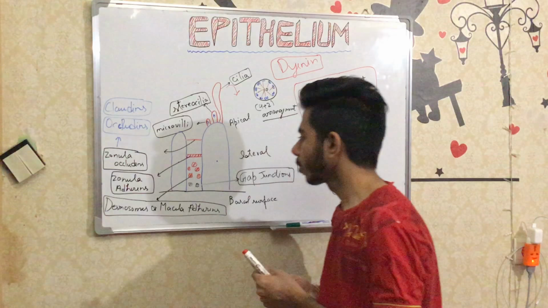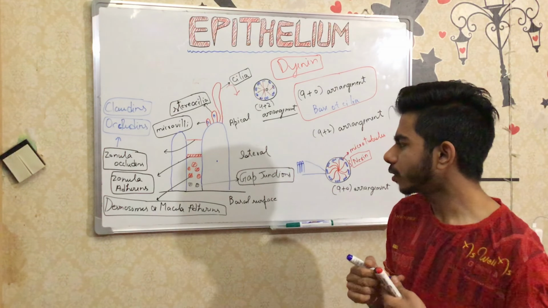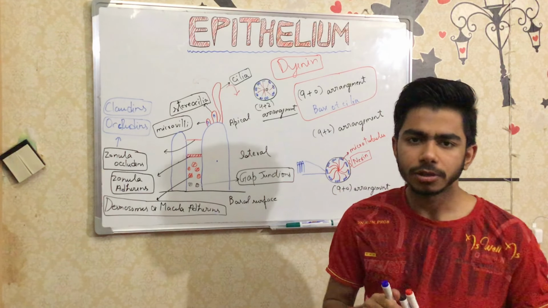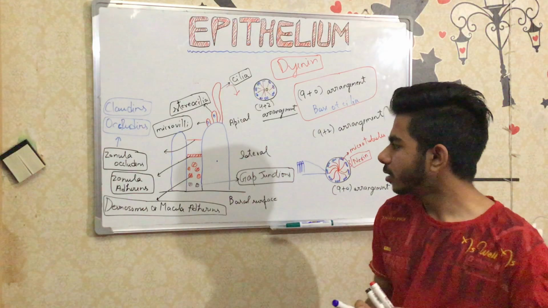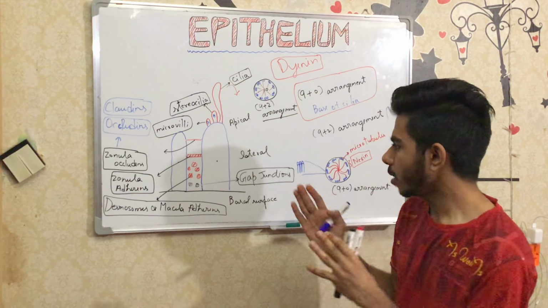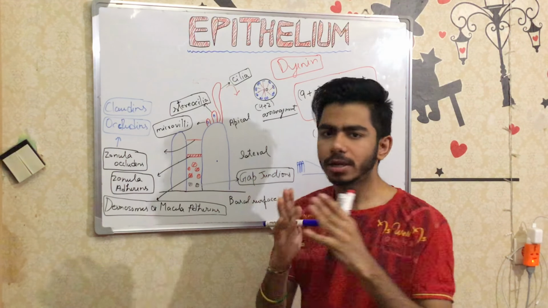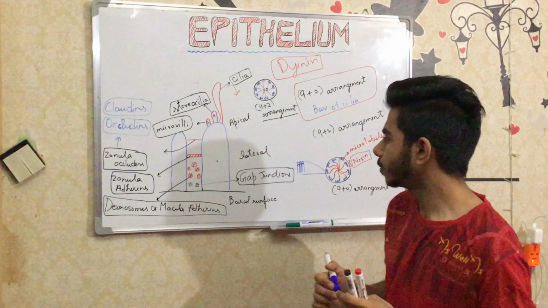Now, if you talk about the zonula adherens, there are also many kinds of proteins there, for example E-cadherins, vinculin or alpha-actinin, which bind to the actin filaments and give more strength in binding the epithelial cells to each other.